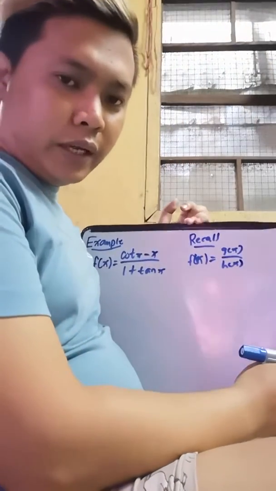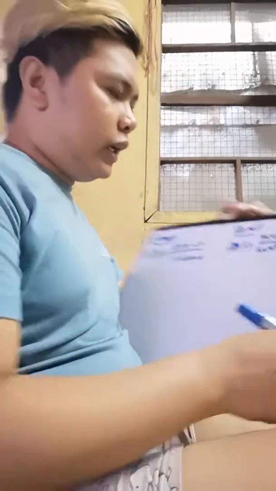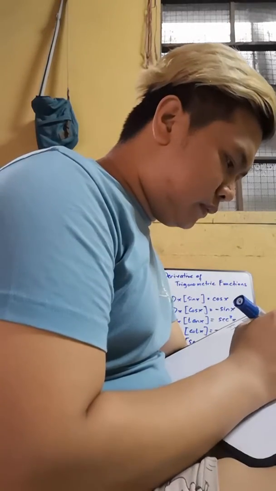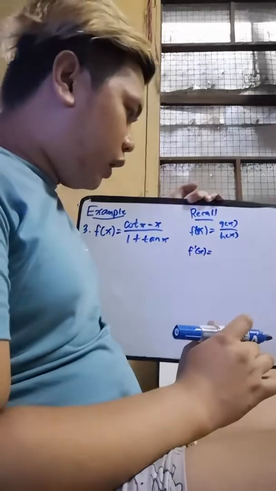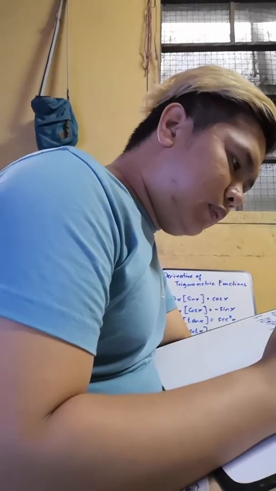So, quotient rule ay if I have f of x equal to g over h of x, ayan. So, for example, you have that f of x na equal sa g of x over h of x. To get the derivative, you just need to follow this formula, which is yung derivative ng g multiply ko sa h minus g then derivative of h all over squared ng h of x.